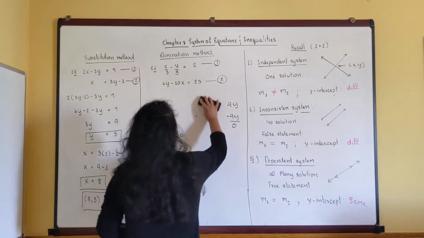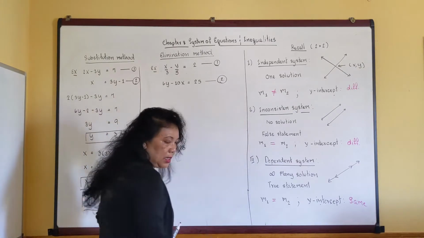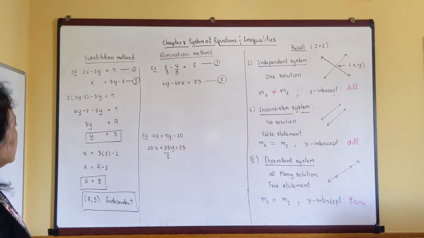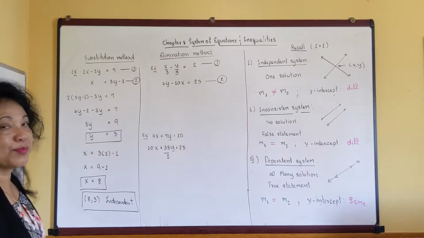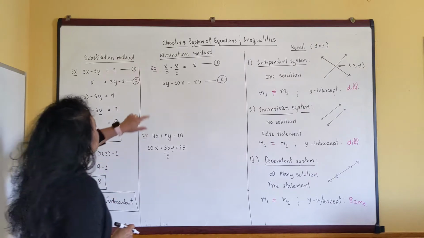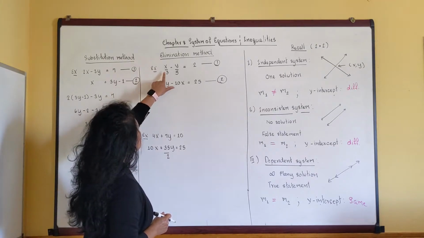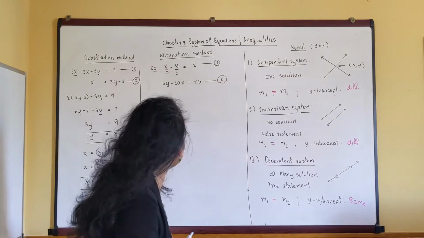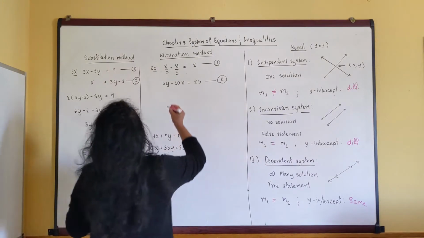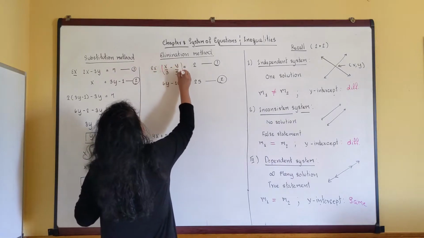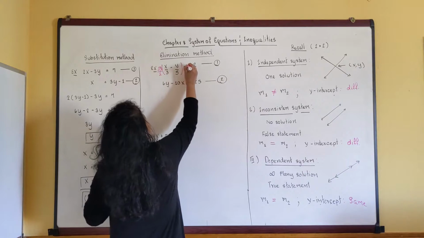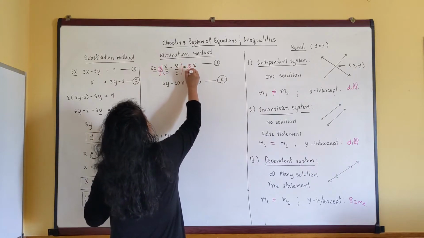And we all can do different things and think differently. So first thing I'm going to do, I don't like the fraction. I'm going to get rid of the fraction. So the first equation here, the LCM is 15. I'm going to multiply everything by 15, the left-hand side by 15 and the right-hand side by 15.